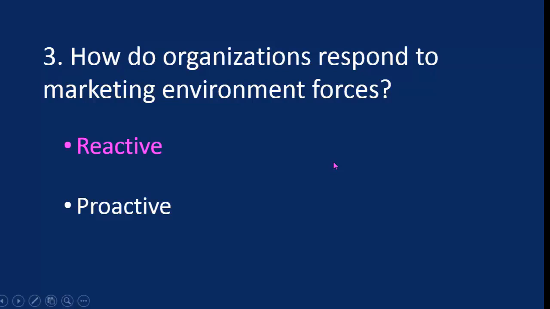A reactive approach to changes in the marketing environment means that essentially management of a business or a particular organization will change the organization or the operations of the organization to be consistent with the changes in the environment. They will make changes so that the business is in line with these changes. For example, maybe there would be changes in some laws that took effect about a week ago.